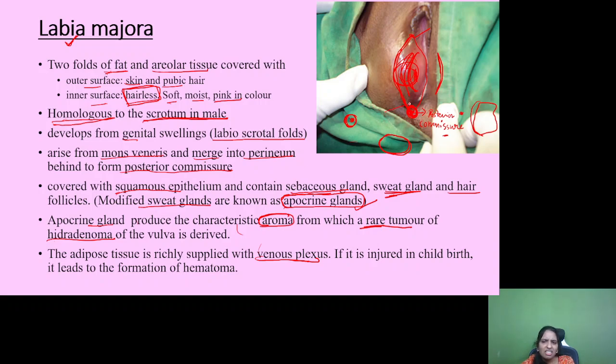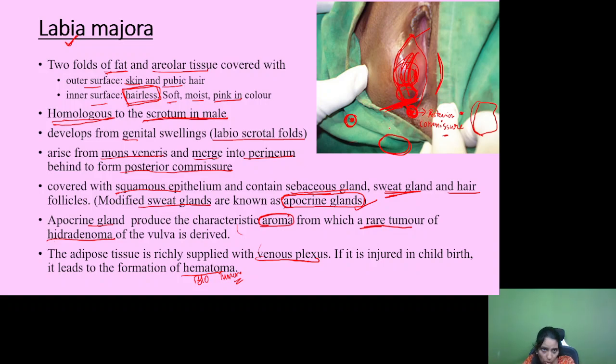We generally cut here. So if this is injured and we don't suture it properly, it leads to the formation of a hematoma. Hema means blood, toma means a small tumor. A small clot-like thing appears. This is known as a hematoma.